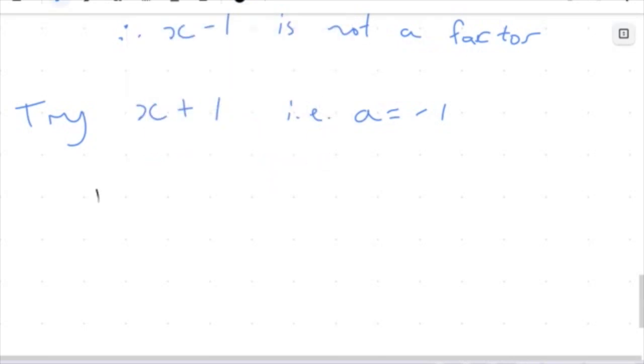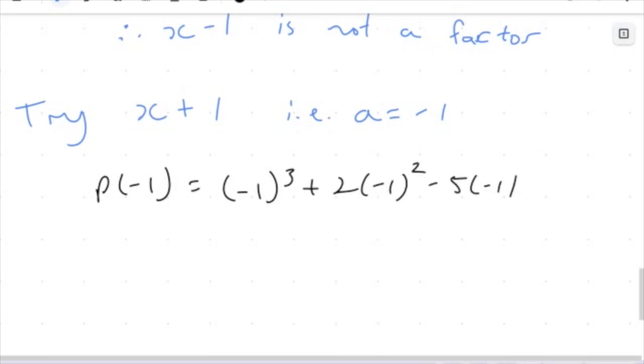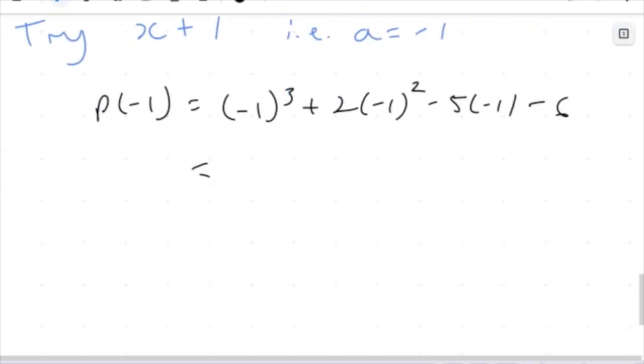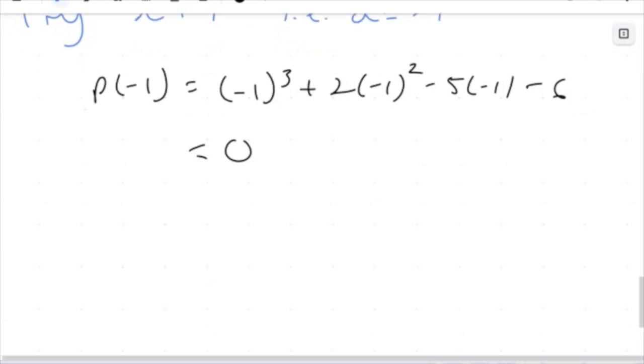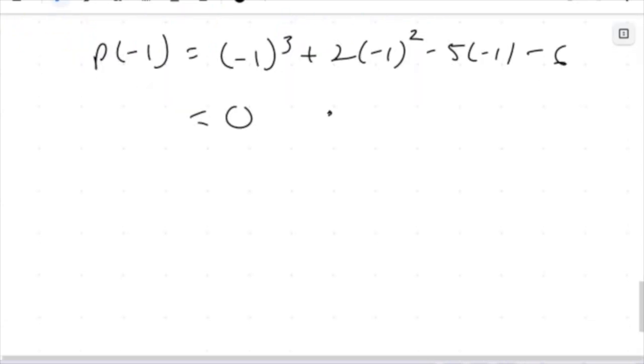So we have p of negative 1 equals negative 1 cubed plus 2 times negative 1 squared minus 5 times negative 1 minus 6. And I'm going to save you guys having to do all of it. This is eventually going to simplify out to give you 0, just because I'm conscious of time. You can check this in your calculator if you want, but therefore we can say x plus 1 is a factor.